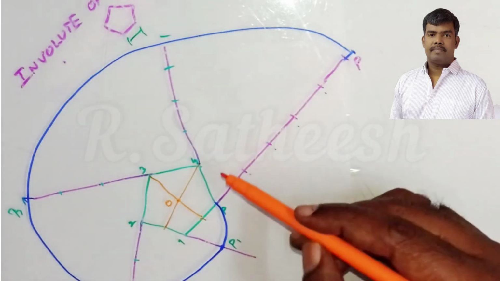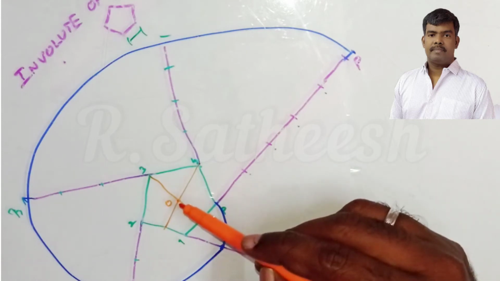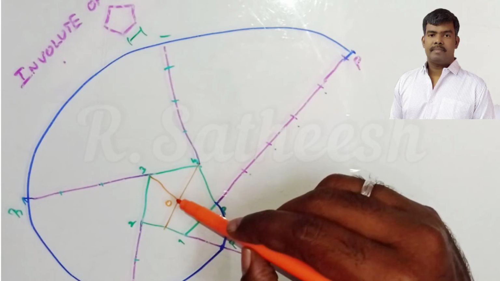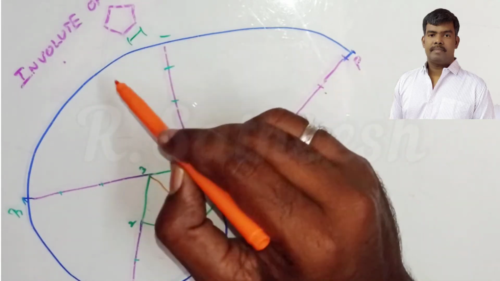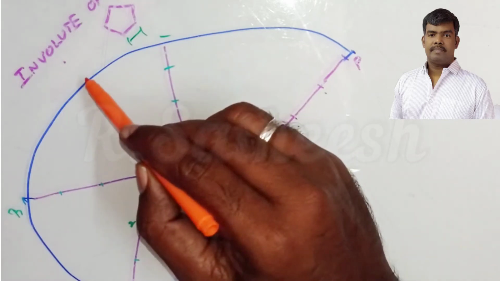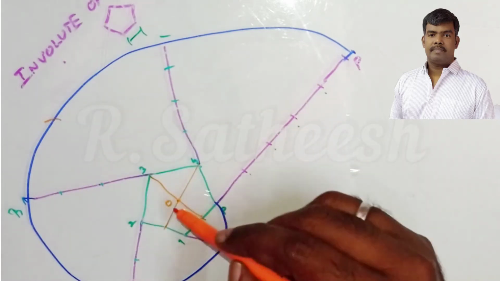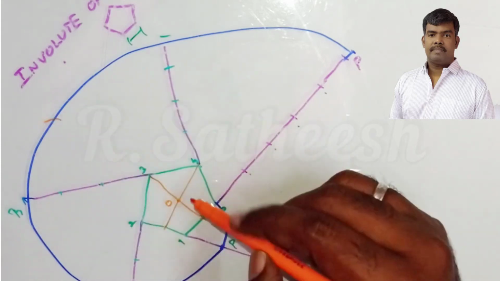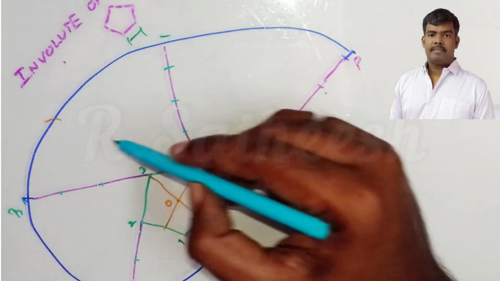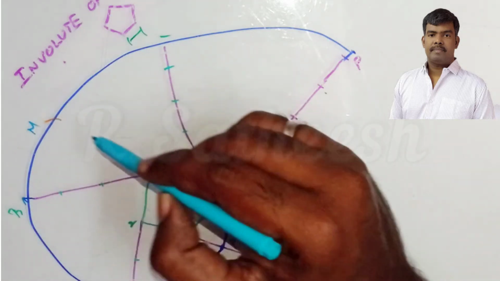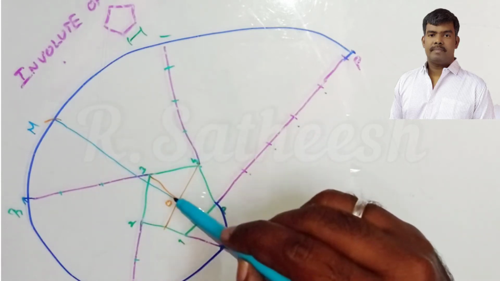So now draw the tangent and normal at a distance of 100 mm from the center of the pentagon or polygon. So with O as the center, in this problem 100 mm is given, therefore from here to here is 100 mm. Clear. Radius 100 mm, then join, let us consider point M, join OM.